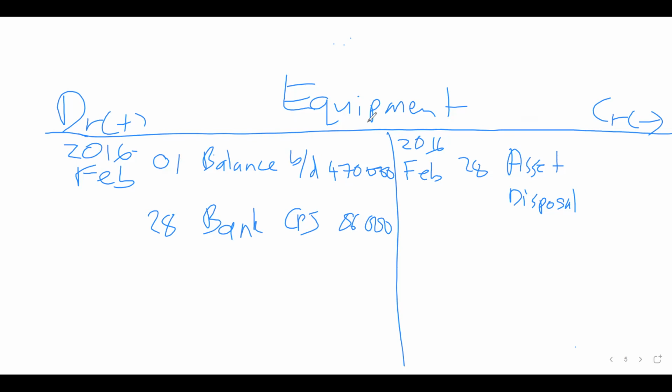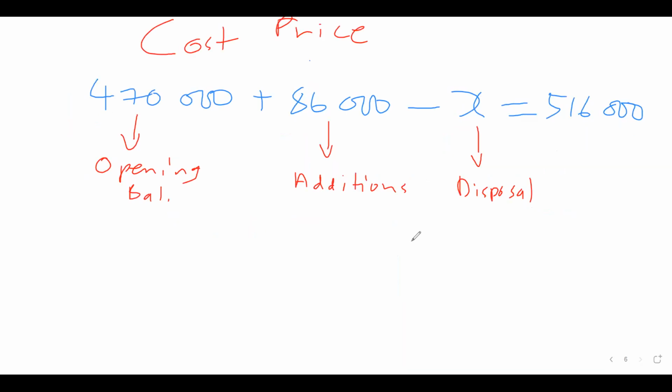The only time the asset disposal is at carrying value is when you go to the asset disposal account, which is a different account. But for now, we are dealing with the cost prices of equipment. So we've got 470, which is the opening balance. We bought new assets for 86. Then we sold another asset here at cost, though of course its carrying amount is different, but we want to know the cost price of this asset. That's what we are trying to establish.